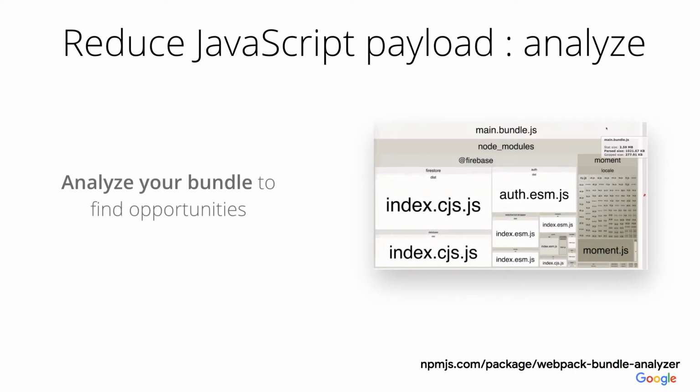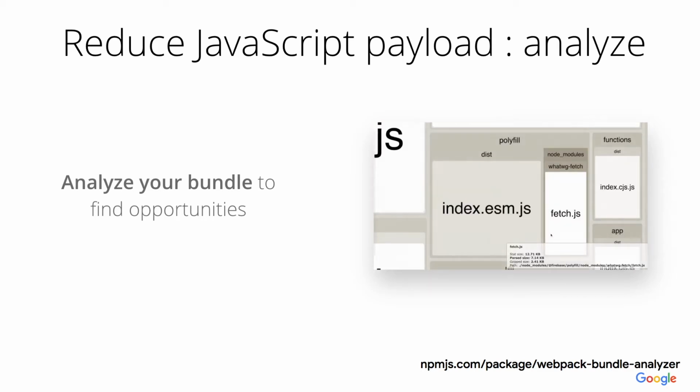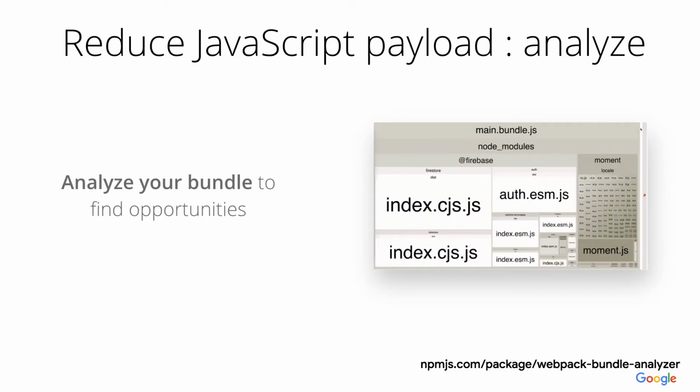So to reduce JavaScript payload, first you should analyze your bundle and find opportunities. If you use Webpack, and I'm sure a lot of you are using Webpack, there is this cool module called Webpack Bundle Analyzer, which will create an interactive map of all your dependencies.